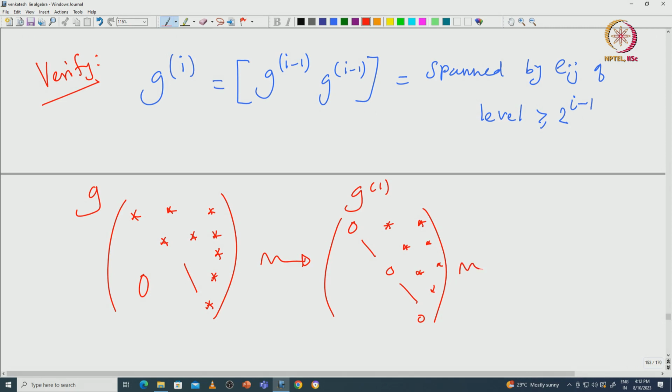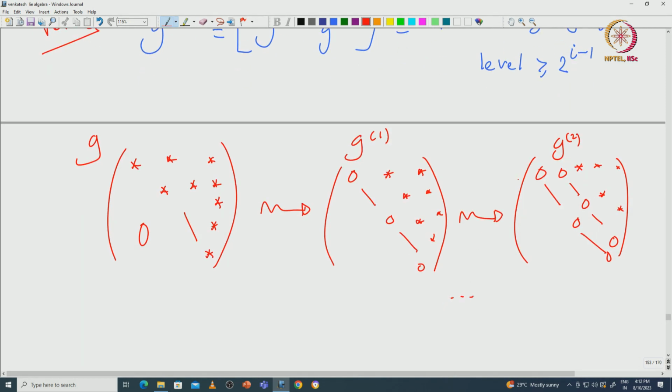Then if you take again the derived algebra, you can see that this is actually moving up. So, you get this is 0 and then the first off diagonal entry is also 0. Then you start getting this star. Okay. So, this will be the G 2 and so on. So, that means every time you take this derived algebra, you start filling zeros for the off diagonal entries, and it is actually moving in the diagonal direction.